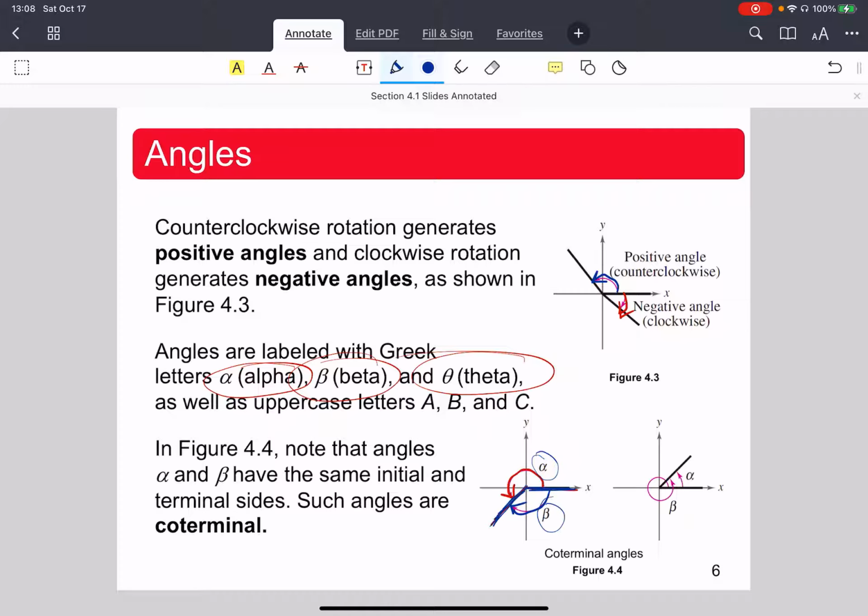Whenever angles share the same initial and terminal sides, we call them coterminal angles. You may have different variations of this. If you just go from here to here, you have alpha. But if you continue the same movement, starting with the initial side and making one full rotation, then ending up at the same place, that creates this beta angle. Alpha and beta are still coterminal.